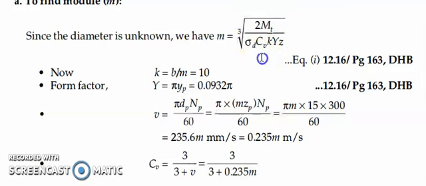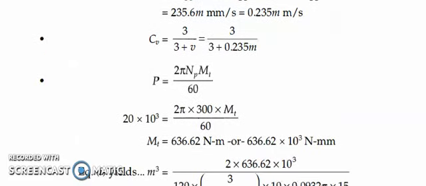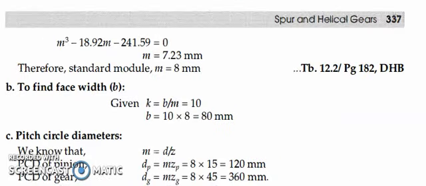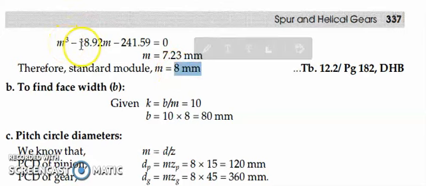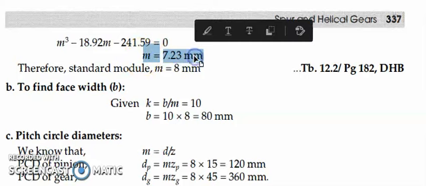You can use your calculator and find all these values. The actual equation you will get is m cube minus 18.92 m minus 241.59 equal to 0. Then solving that equation you will get the value of m as 7.23.